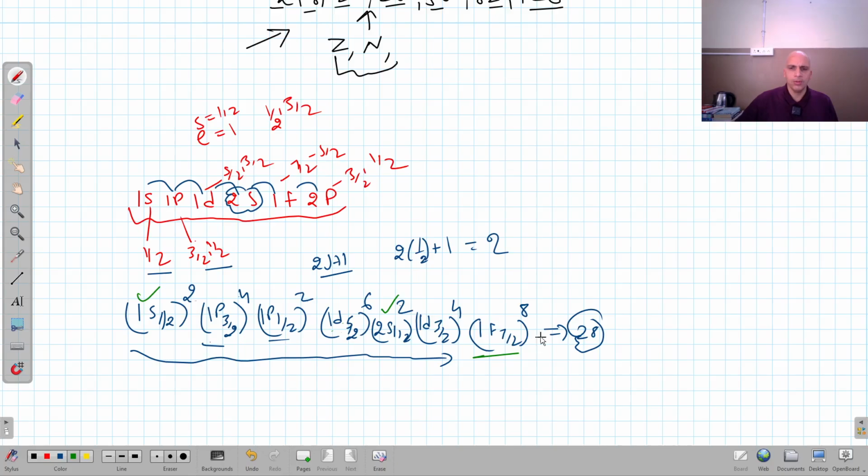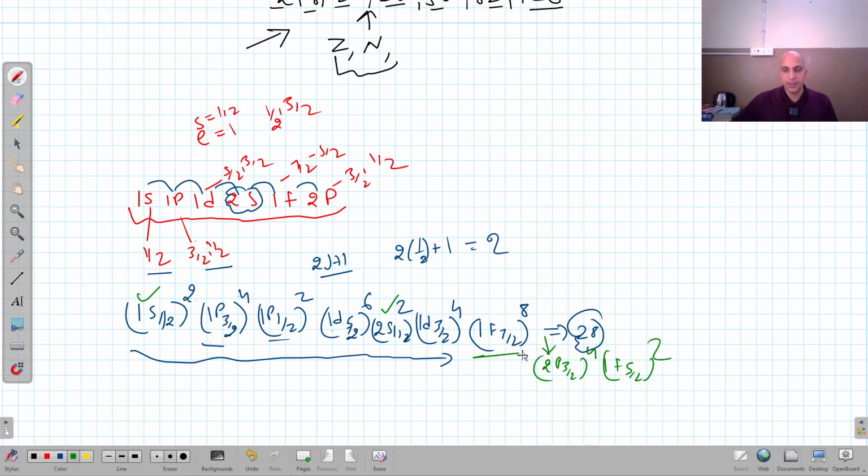But if you want to write the next term, in case you are asked about a nucleus that has atomic number greater than 28, then after 1f 7/2, again 2p 3/2 will come first, then you will get 4. Then you will get 1f 5/2, 6.